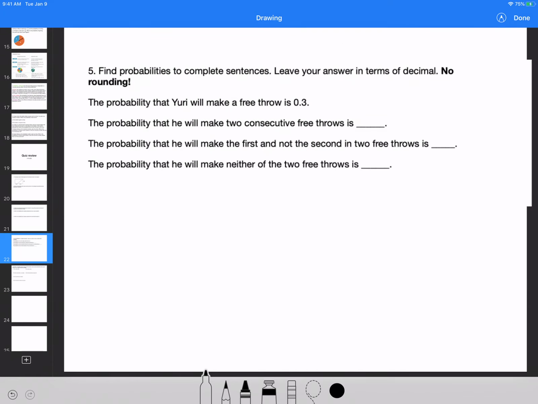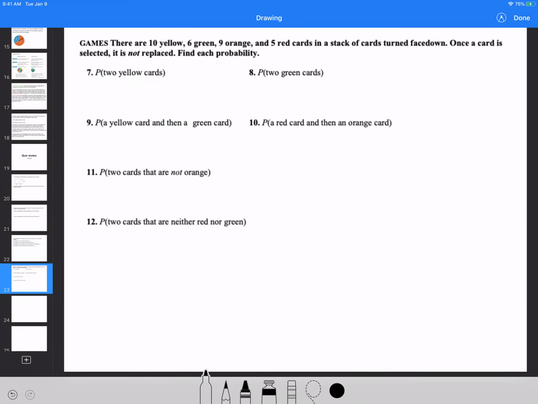Okay? So for the last question for today, after that, I would like you to solve these questions on your own. You have 6 questions to solve. I'm not going to tell you whether they're mutually exclusive or non-mutually exclusive. But I hope you understand what I mean when I say if it's not replaced.